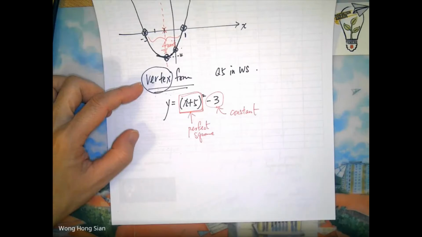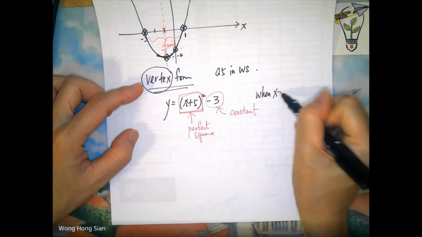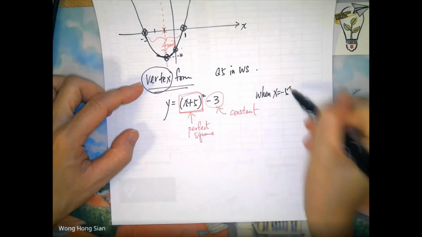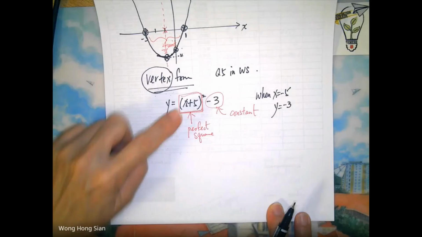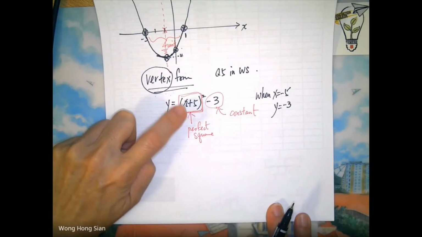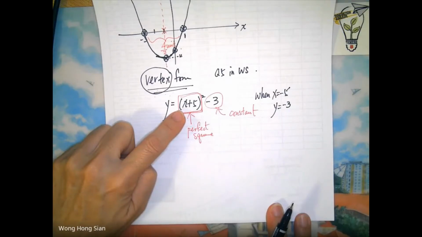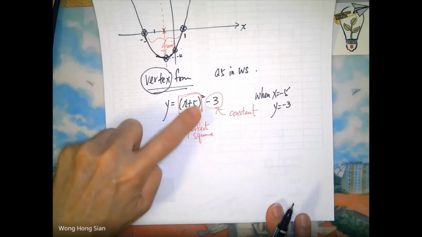So where exactly is the vertex? The vertex will be when you put x equal to negative 5, your y is negative 3. Why do I say that? Remember the perfect square here, something squared. The something inside can be positive or negative.